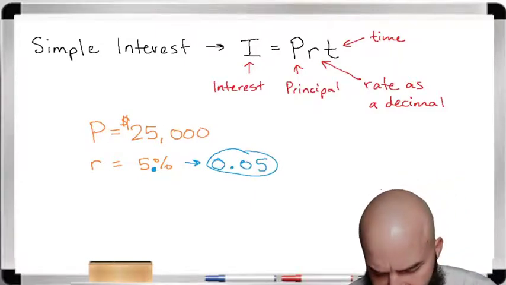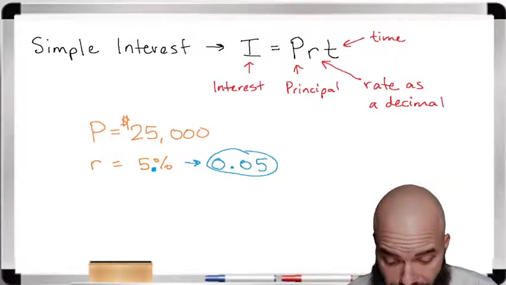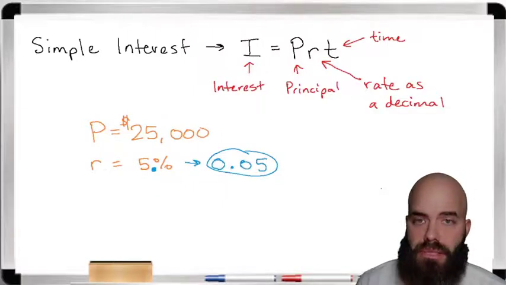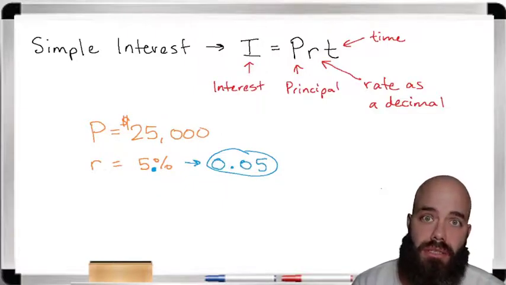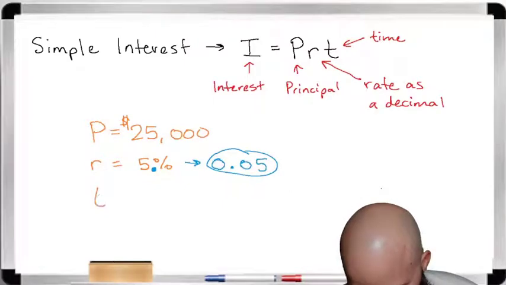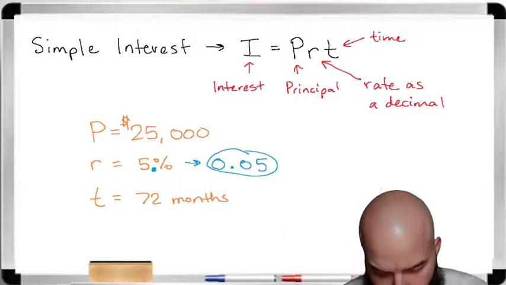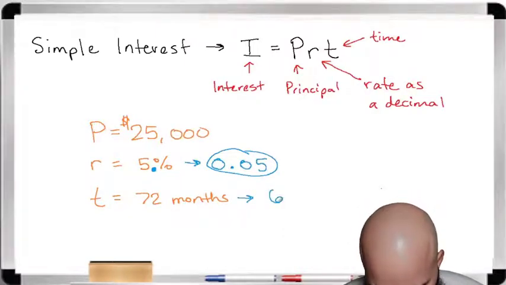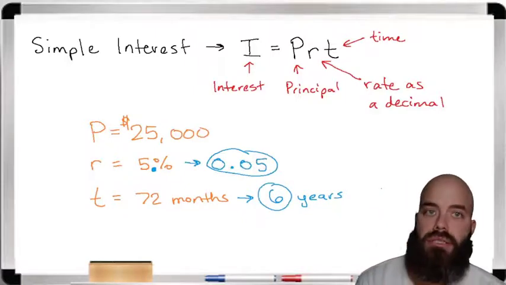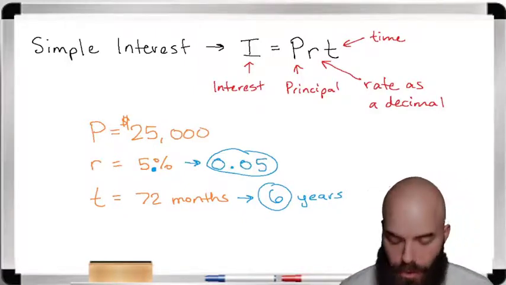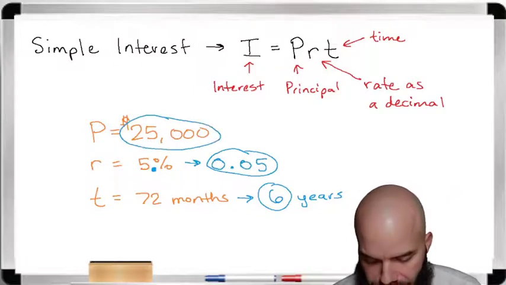And then years or time, let's say our term was 72 months, which is 6 years. So we're going to use 6 years in our calculations. Okay, so what we're going to do is take 25,000.